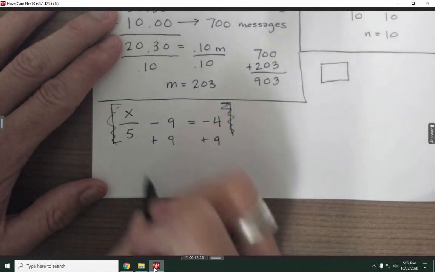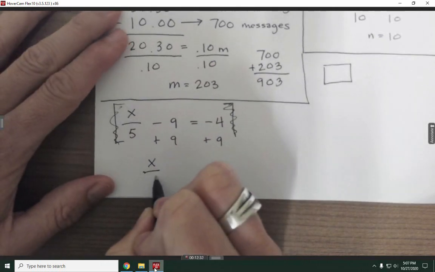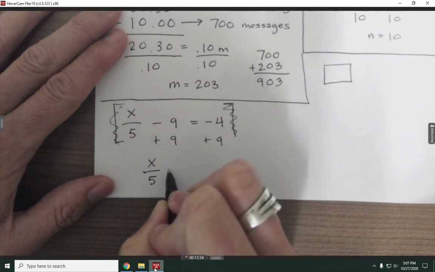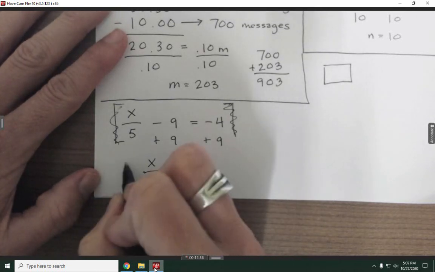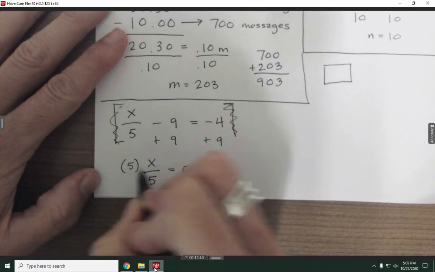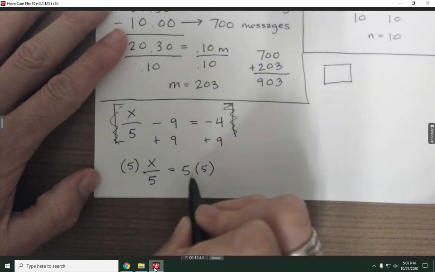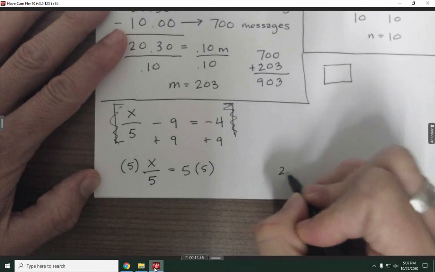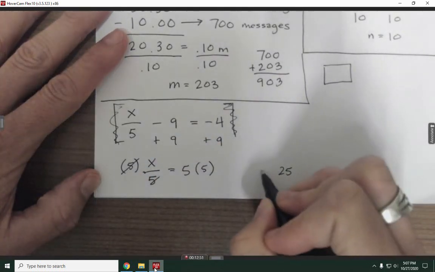Okay. And that gives us x over 5 is equal to 5. And this x is being divided by 5, so we can just multiply everything times 5. And so 5 times 5 is 25. And these 5's cancel each other away. So that's what x equals.